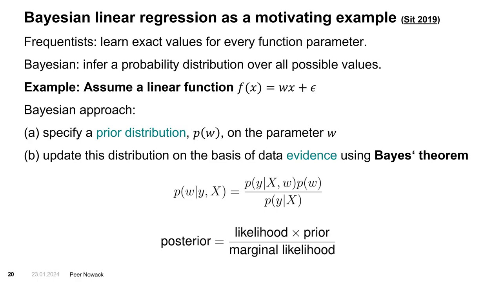In a Bayesian approach, you instead define a prior distribution over the coefficients you would want to fit, and then you use data evidence to update this prior to a posterior distribution. So this goes back to Bayes' theorem, and this is how you ultimately calculate, using normal distributions, the posterior mean estimate for your prediction and the uncertainty around that.